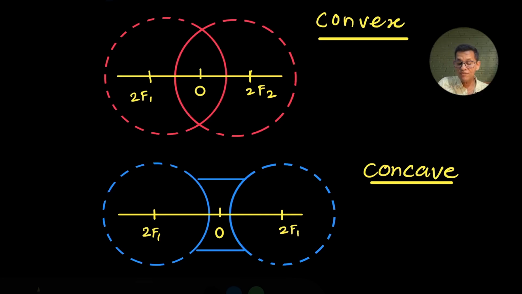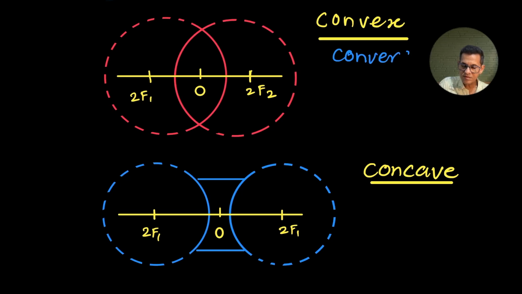Now, the convex lens is a converging lens, which means, if I pass light rays parallel to the principal axis of this lens, then these light rays will actually meet at a point or converge at a point on the principal axis.